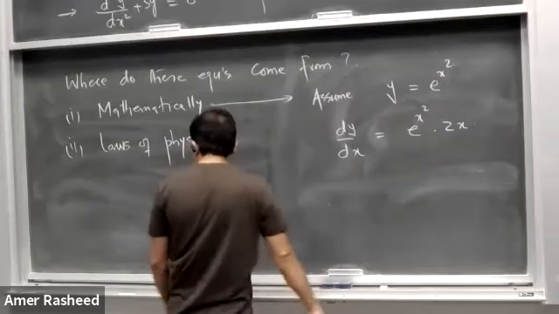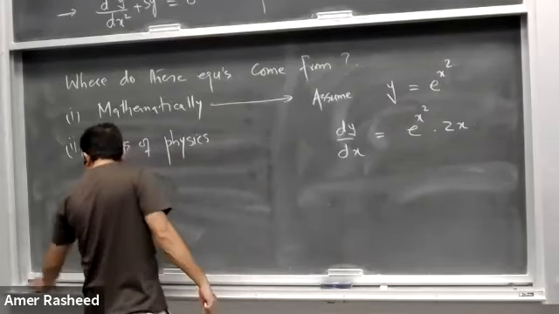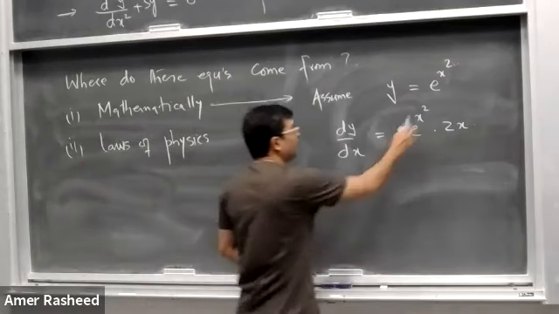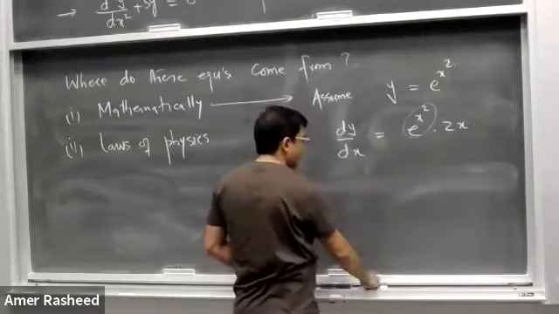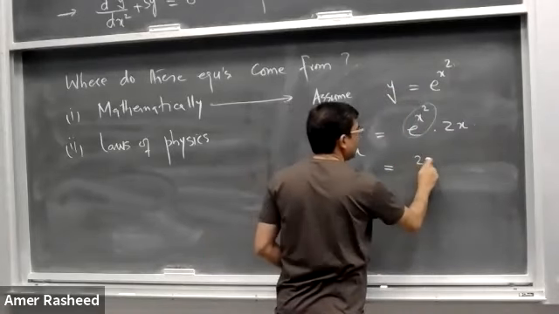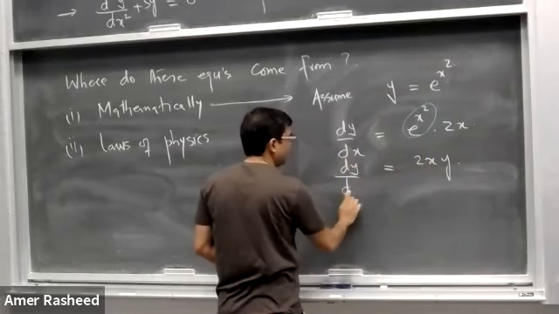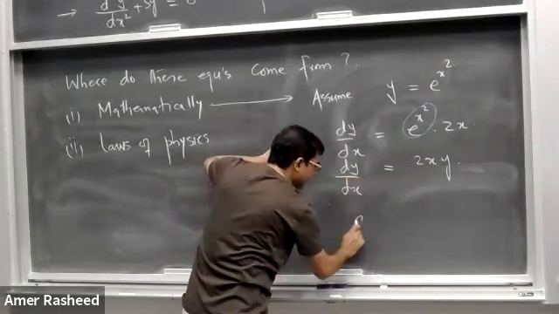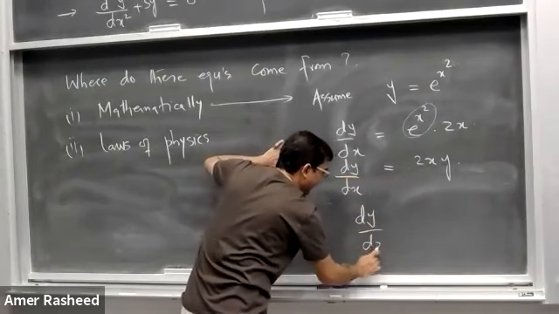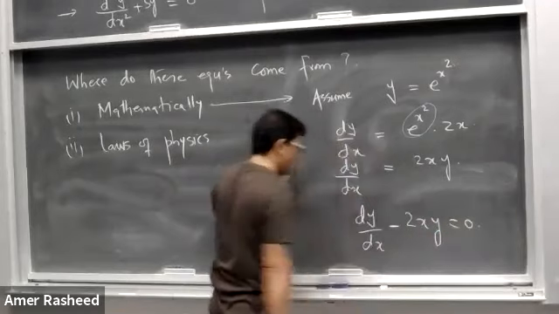Now we can replace e raised power x squared by y, so we can write 2xy. Here we still have dy by dx. Now, if I take this to the other side, dy by dx minus 2xy equal to 0.